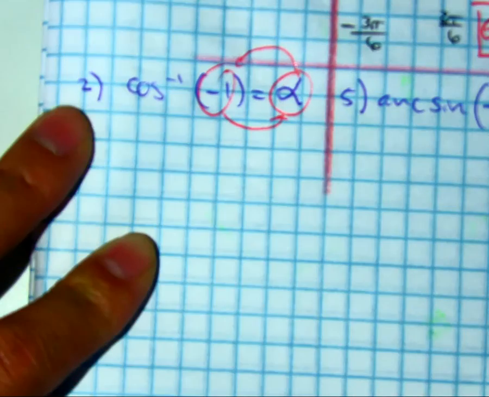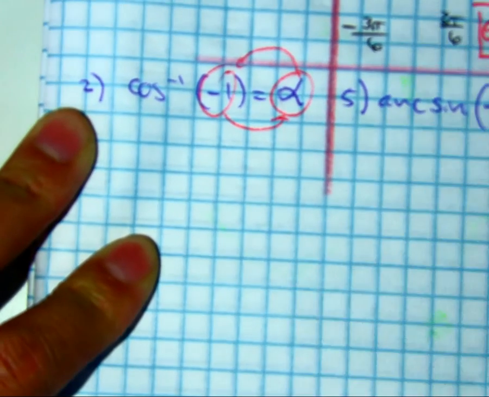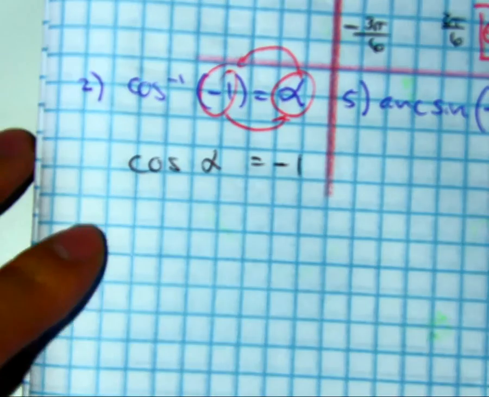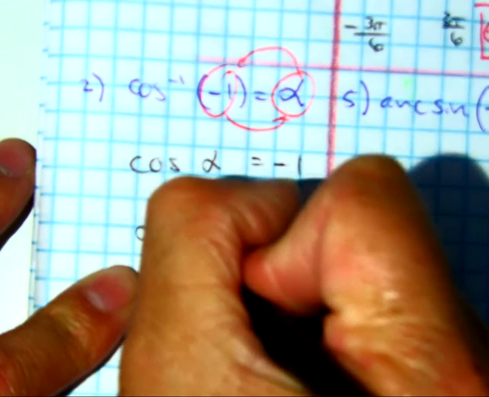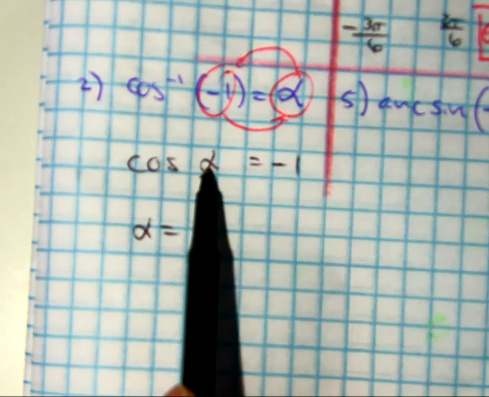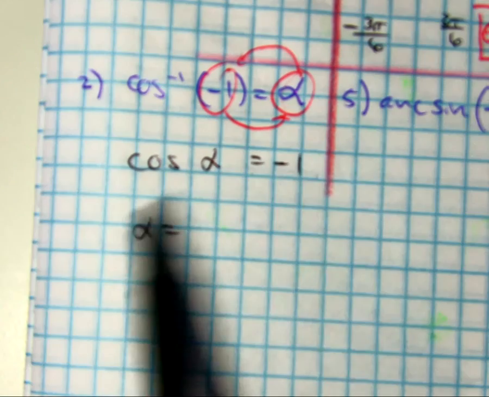Okay, tell me what to write. Okay, where is cosine negative 1, Mariana? Where in the unit circle is cosine of some angle equal to negative 1? Where is cosine negative?